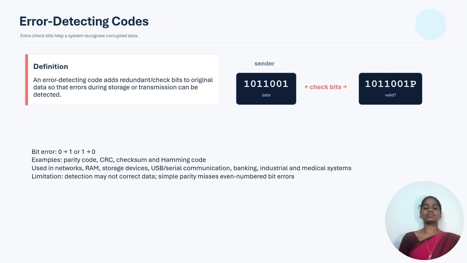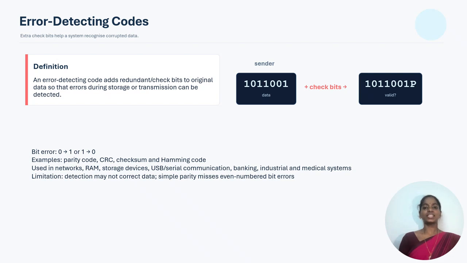During data transmission or storage, binary values can change because of electrical noise, signal interference, and weak communication signals. An error detection code helps the system recognize that the received data may not be correct. Examples of error detecting codes are parity code, cyclic redundancy check, checksum, etc.